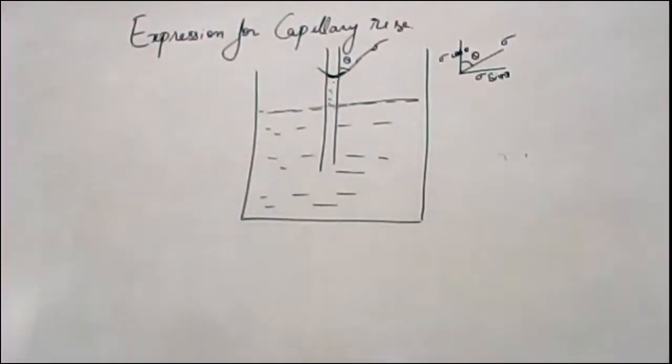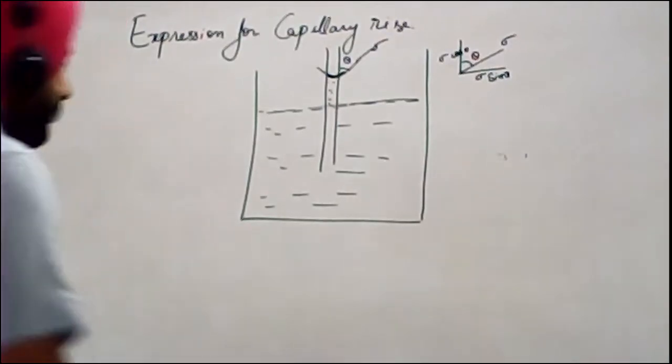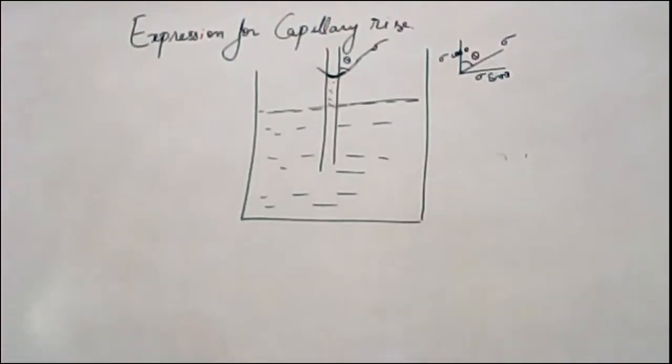This is what is important, to take the components of this force, sigma force. The sigma is your surface tension force. You have to resolve this. Sigma is surface tension force, and theta is the angle of contact between the liquid and the glass.